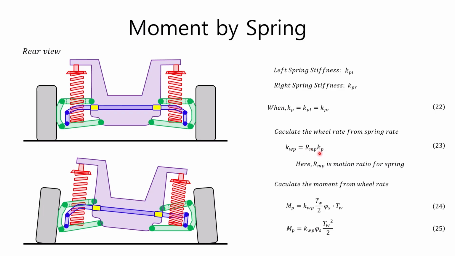Here, Rmp is the motion ratio for the spring and Kwp is the wheel rate for the spring. If the reaction moment Mp due to the spring is calculated by the wheel rate Kwp, equation 24 can be obtained, and if equation 24 is rearranged, equation 25 can be obtained. Let's see how equation 25 was derived.